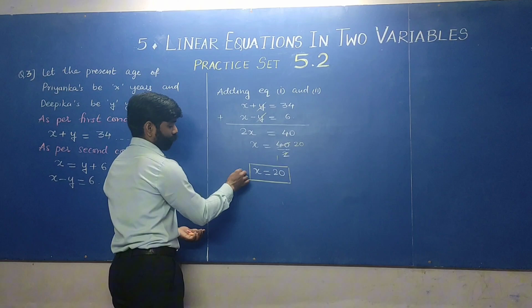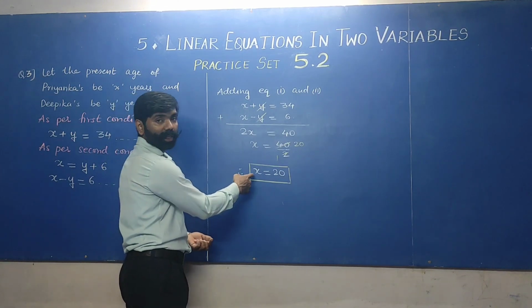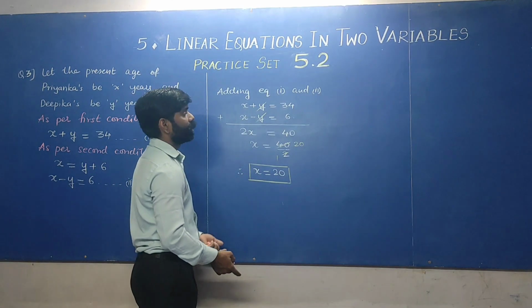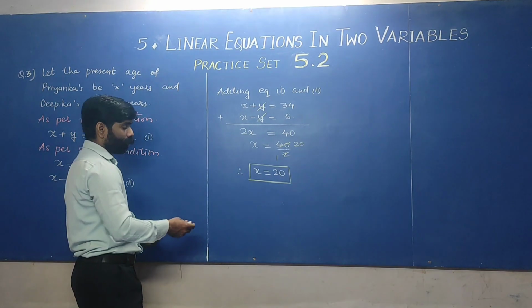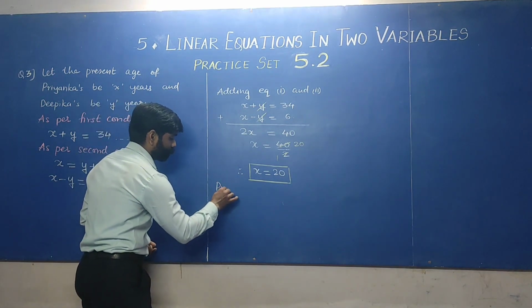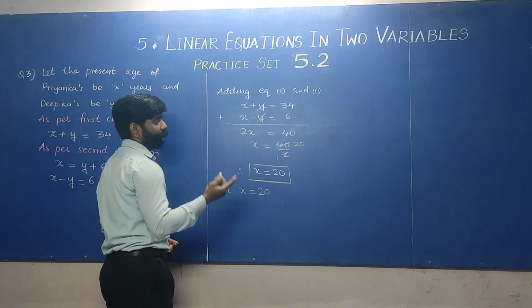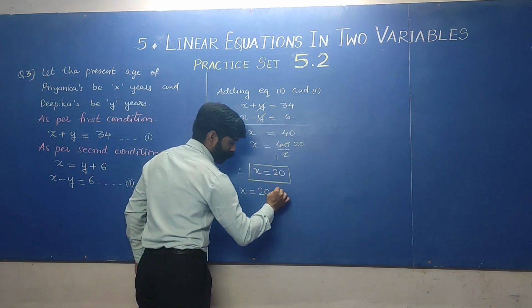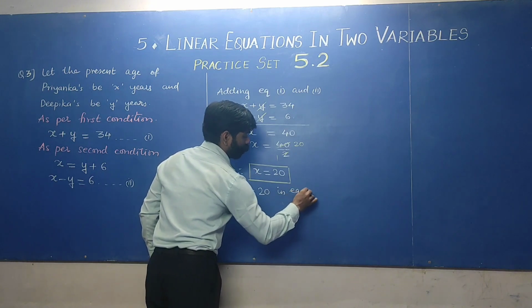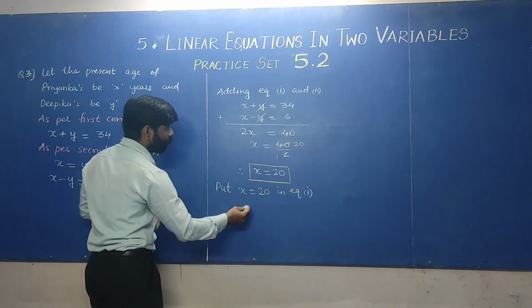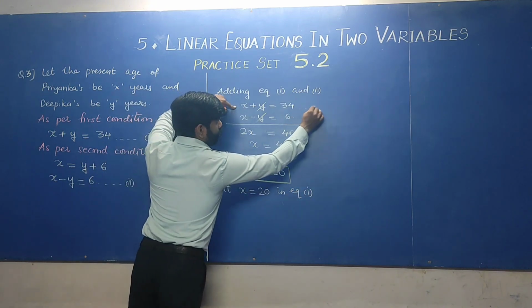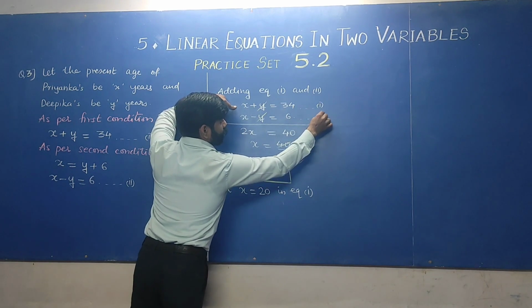And we are going to put this in any equation. You can put in either 1 or 2. Now put x is equal to 20. I am putting in equation number 1. So this is our equation number 1 and this is our equation number 2.